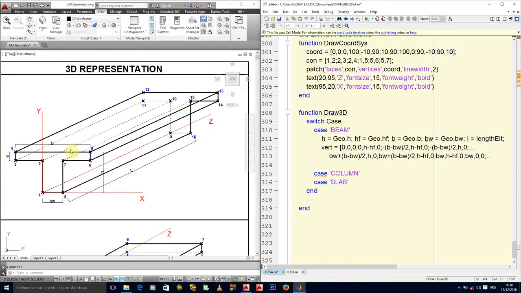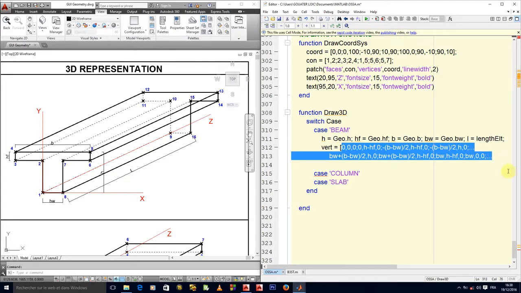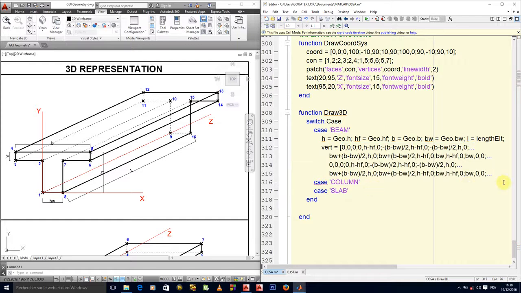Okay. So what has happened is as if I have translated all of these nodes here a distance of Z. So what I'll do here is I'll just have to copy all of these coordinates, and they are the ones that will repeat themselves here. The only difference now is that all of their Z coordinates will be L. So there was a translation following the Z axis.